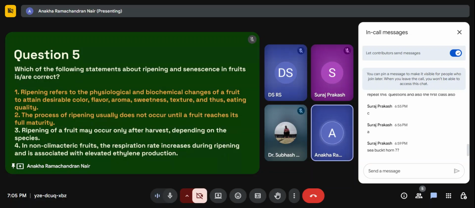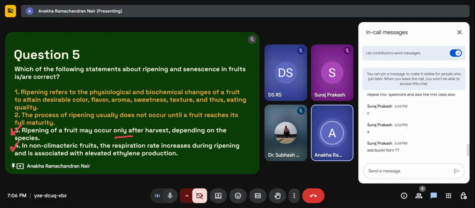The reason option 3 is not correct is because it says that ripening of a fruit may occur only after harvest. That is not correct. Ripening may occur after harvest for certain kinds of fruits depending on the species, but it is not dependent on the harvesting process. So ripening will occur with or without the harvest, right?